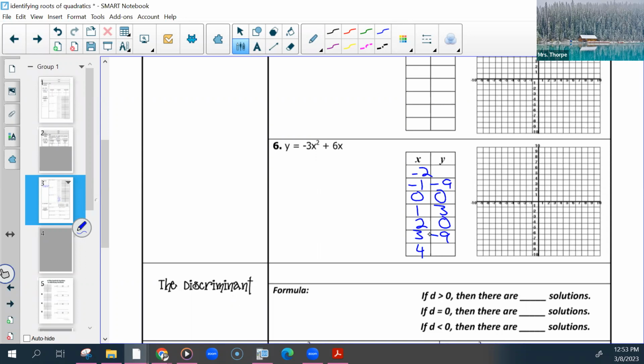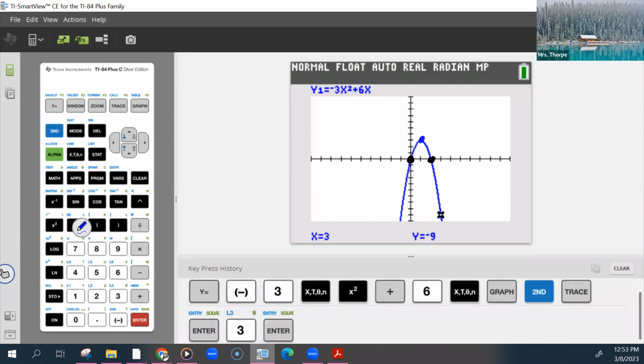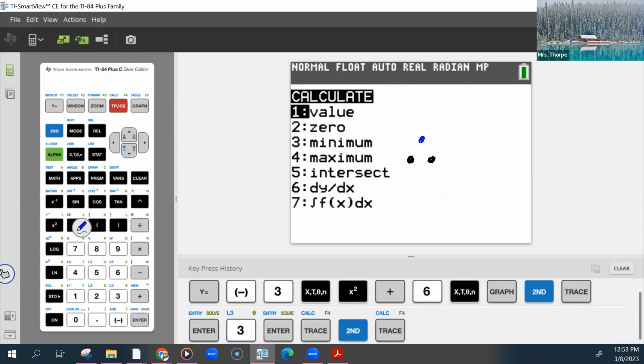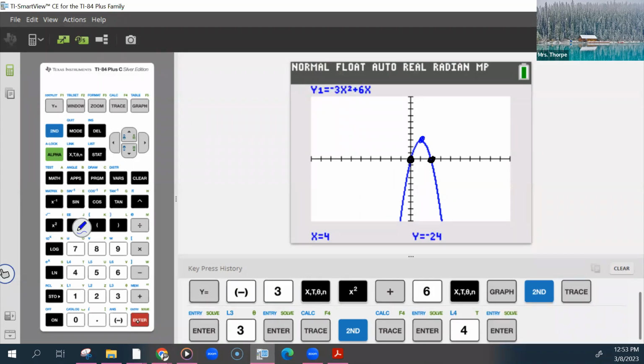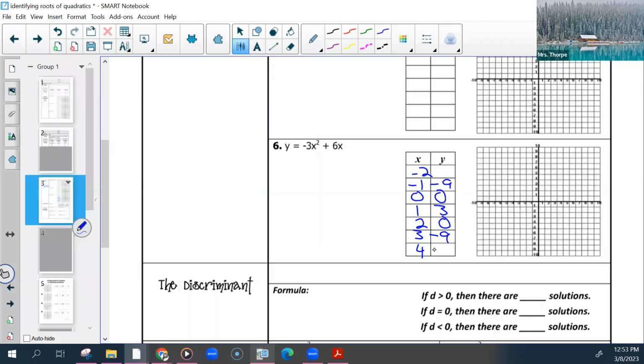And then do the same thing to find the missing one. So put in -2 or 4, using second trace again, and find the value for 4 or -2. At this point, we won't be able to graph those, but still fill out your table. So we're only going to graph -1, -9 to 3, -9. So go ahead and plot those points.